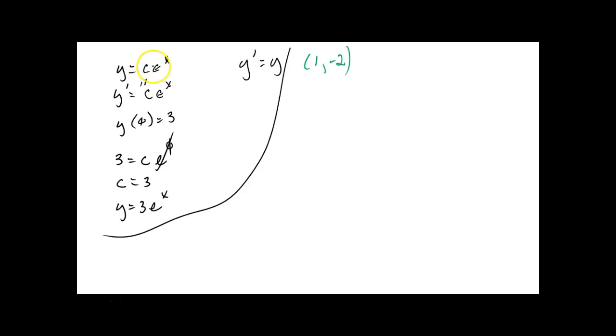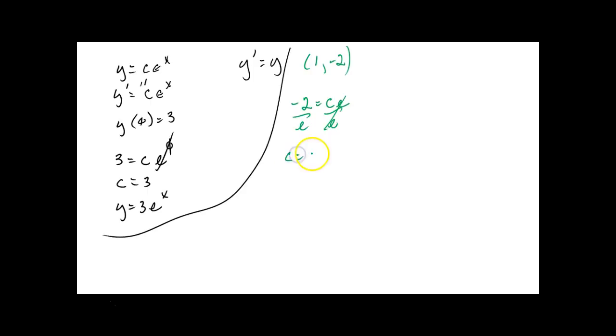Plug in 1 for what? X, and -2 for y, so it would be -2 is equal to c e to the first. So what would c be then? Negative 2 divided by e. Divide both sides by e. Remember, e is just a number. It's also a function sometimes, but it's just a number. 2.71, and so on.